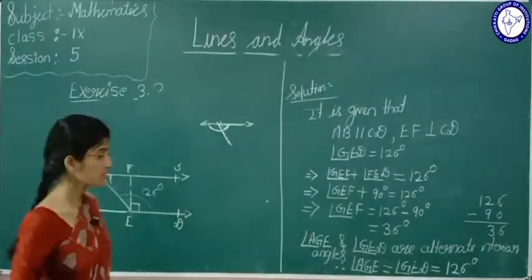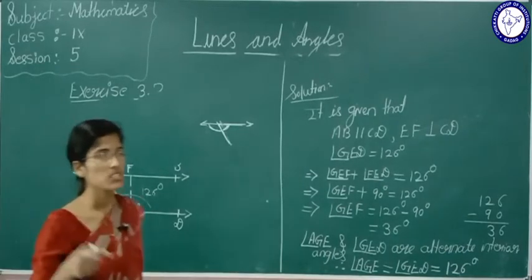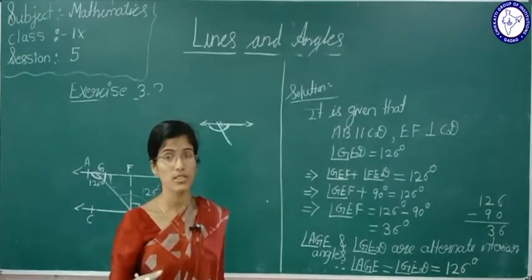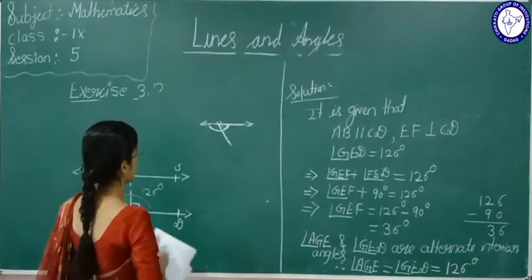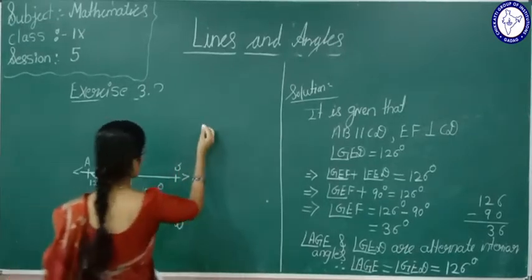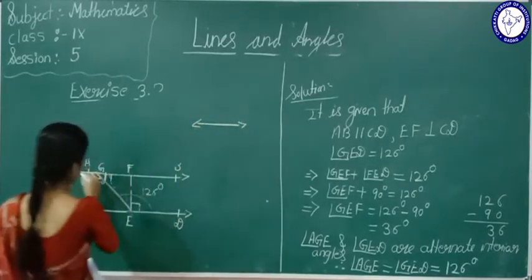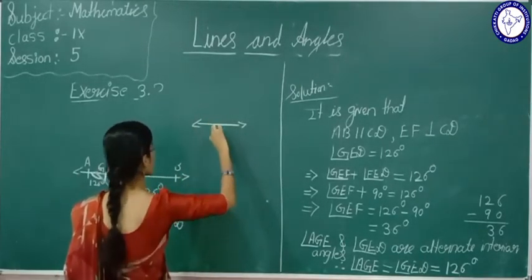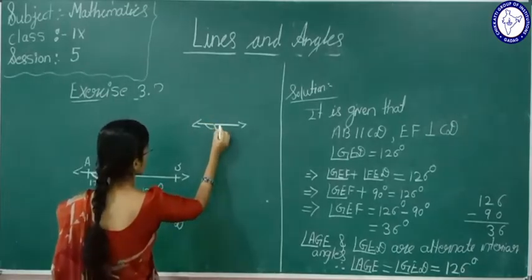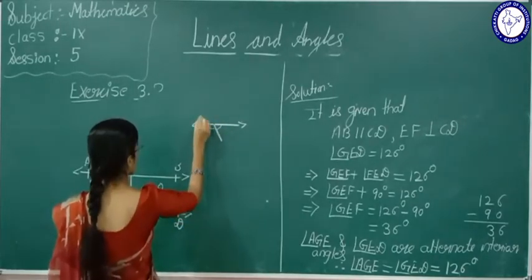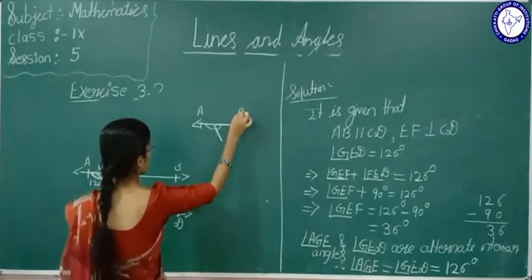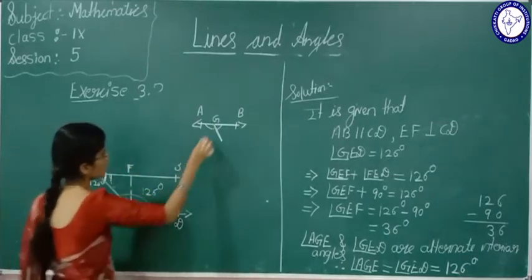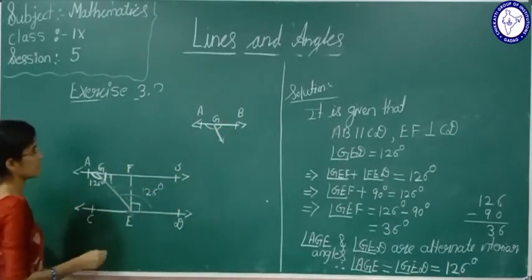We have learnt one example also. If a ray stands on a line, then the sum of those two angles will be 180 degrees.